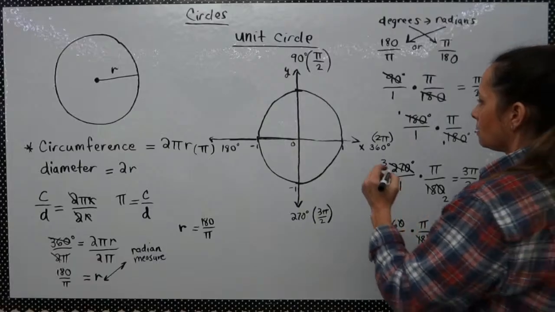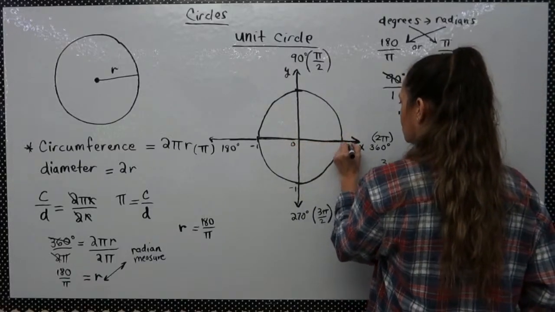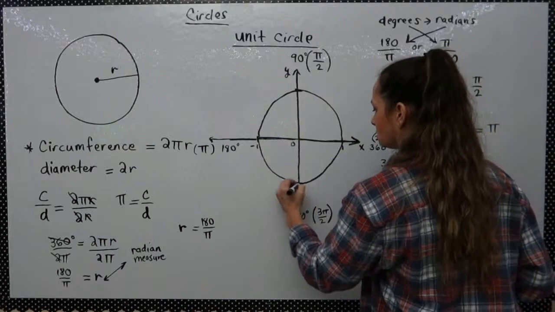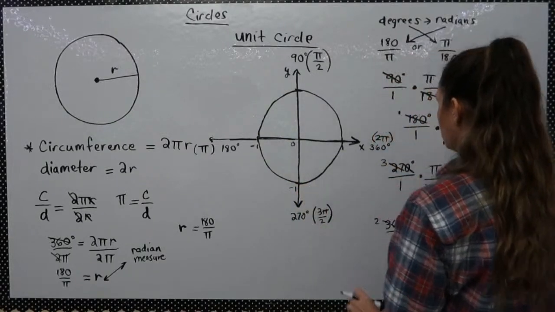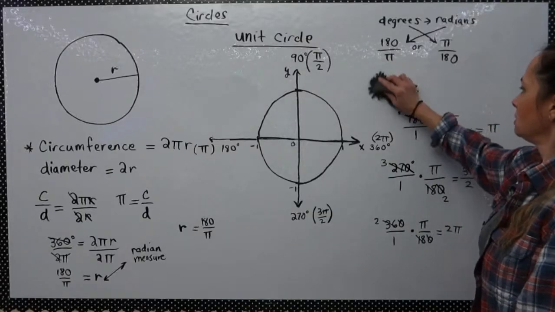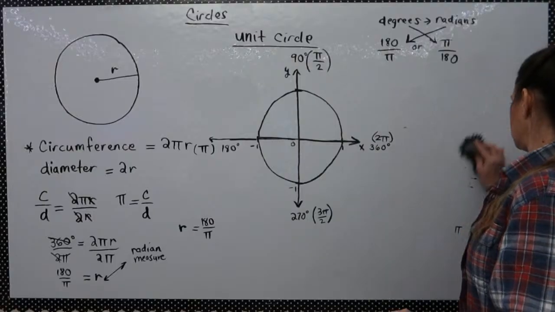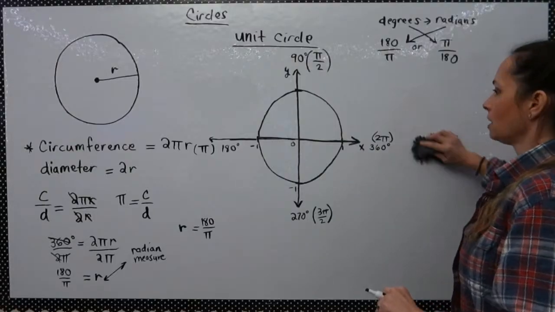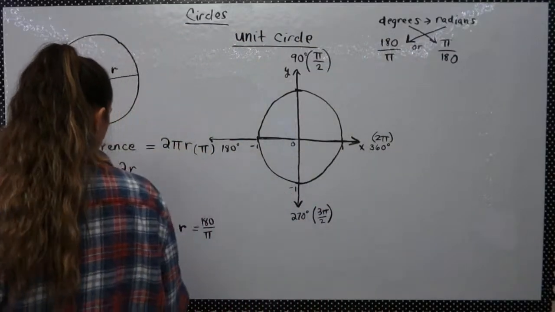So that is how you define the 4 quadrangles for the unit circle. I'm going to go ahead and erase this math because there's a lot more angles involved in the unit circle.